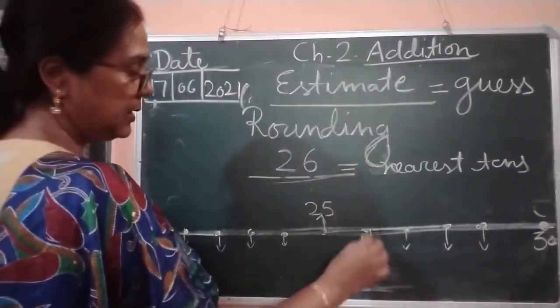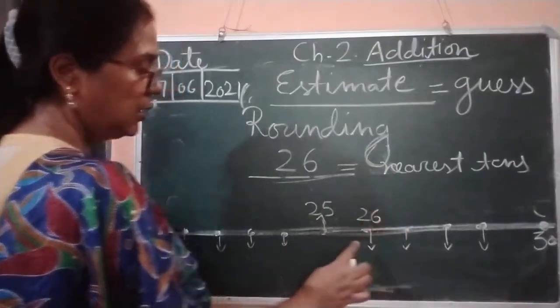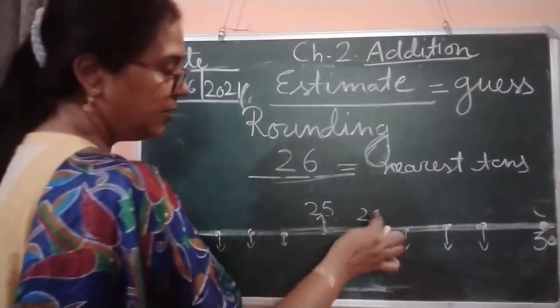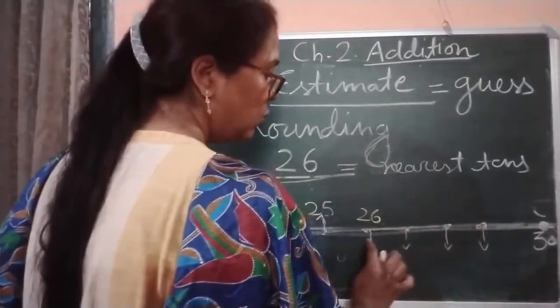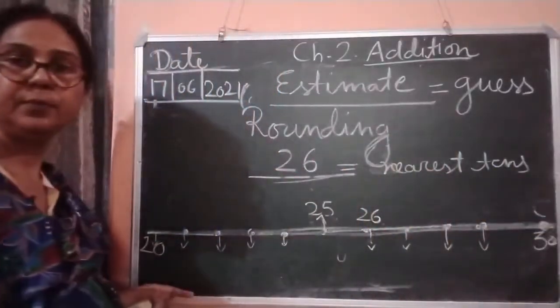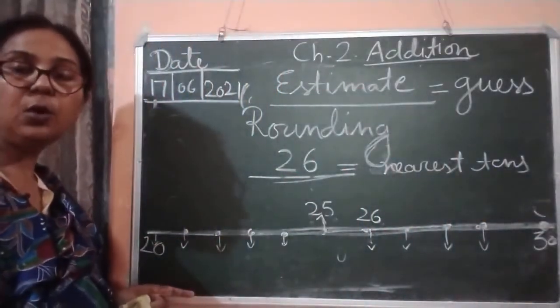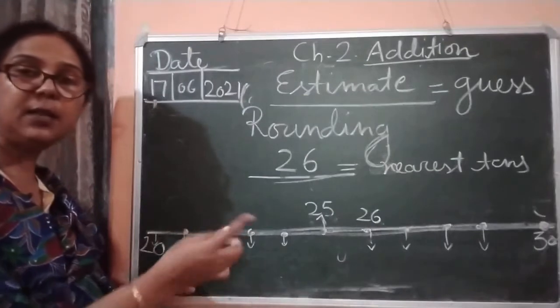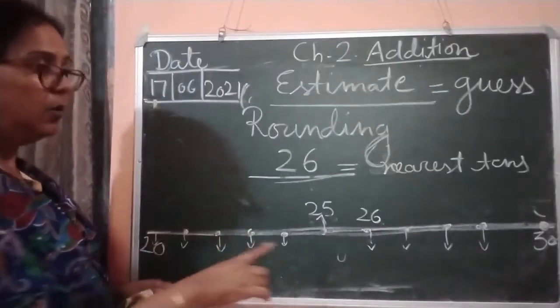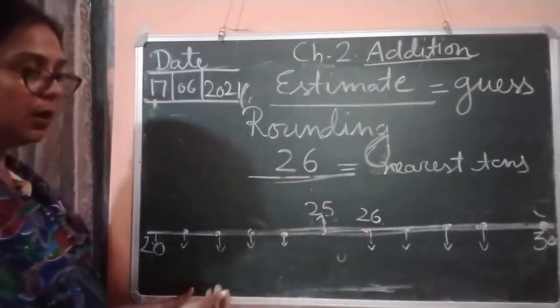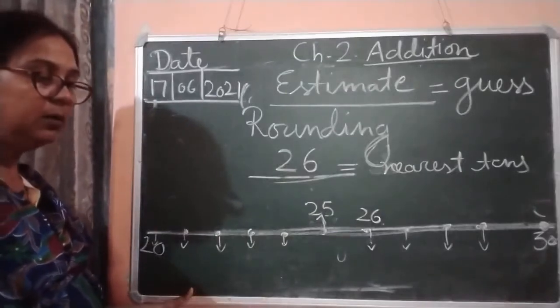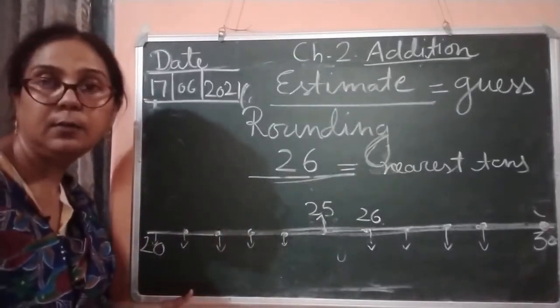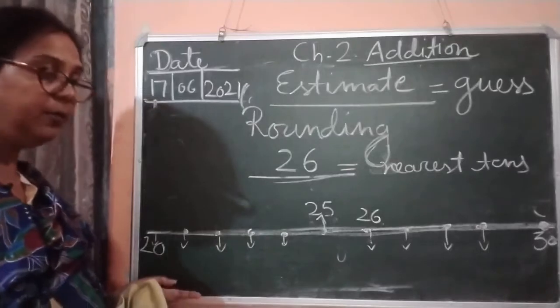This is 26. Now this is more than 5, so that is why it is counted as the number 30. So we are going to write it in the rounded way. It is rounded to 30. Okay, so this is how we will do it.